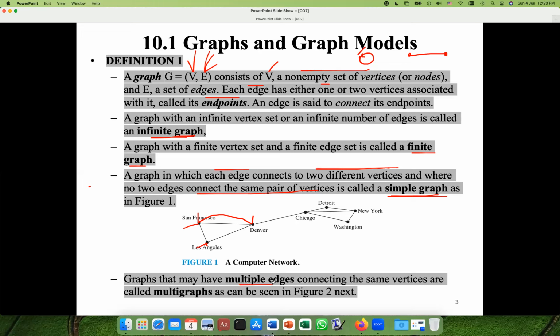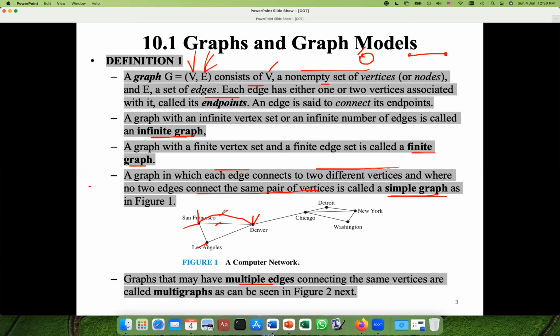Multiple edges. This is multiple edges. If you have two nodes, vertices, and one edge is already going there, and you have another edge going from the initial node to the terminal node, from the first node to the second node, so you have two paths, that is what multiple edges means.